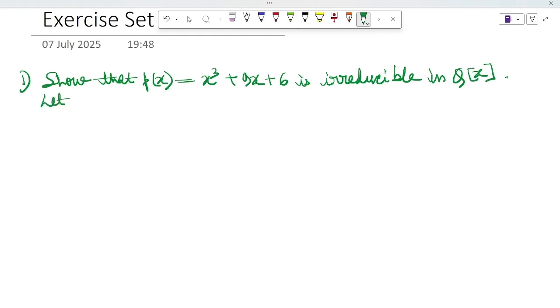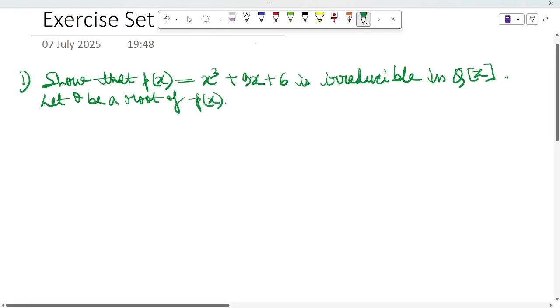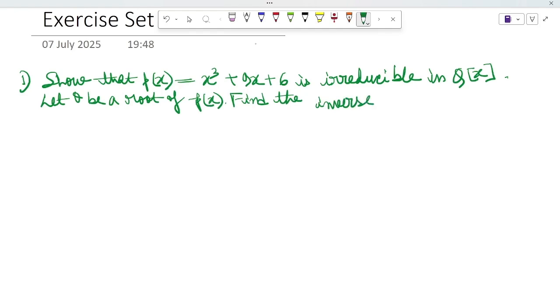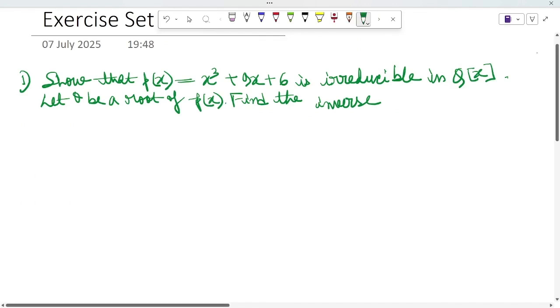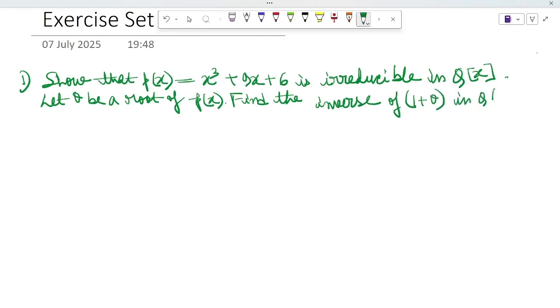Then I need to show that, if theta is a root of p(x), then the inverse of 1 plus theta is in Q(theta). That thing I need to show.